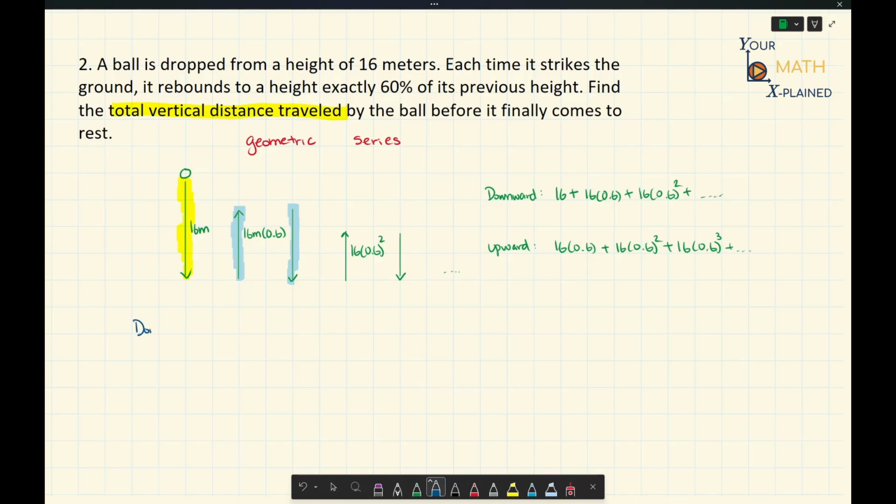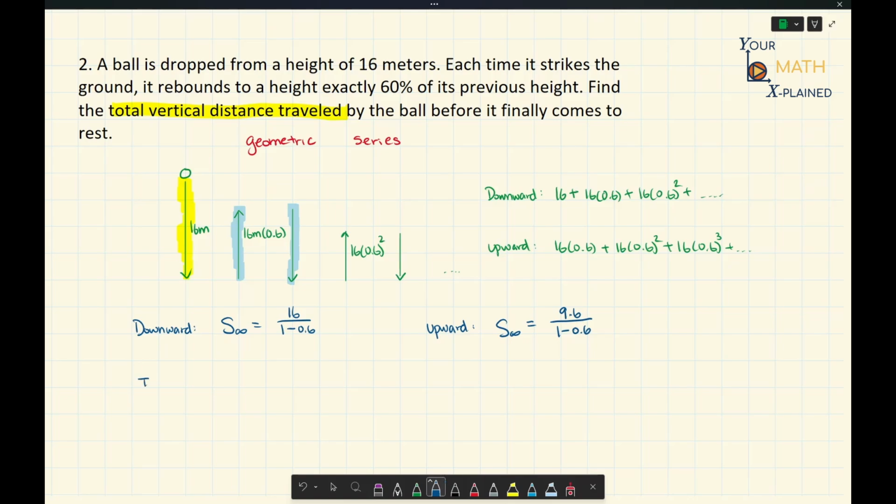So this means to calculate the downward distance, s sub infinity is equal to our first term, which is 16, over 1 minus r, and r here is 0.6. And then the upward distance is s sub infinity equal to the first term, which is 16 times 0.6, so that'll be 9.6, divided by 1 minus 0.6.